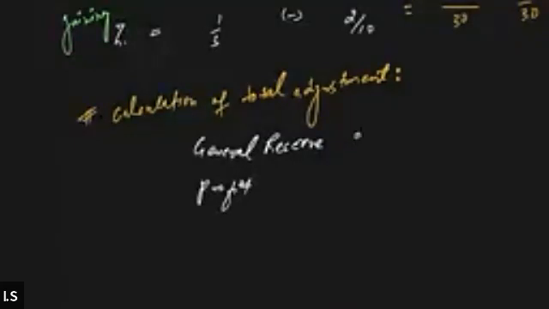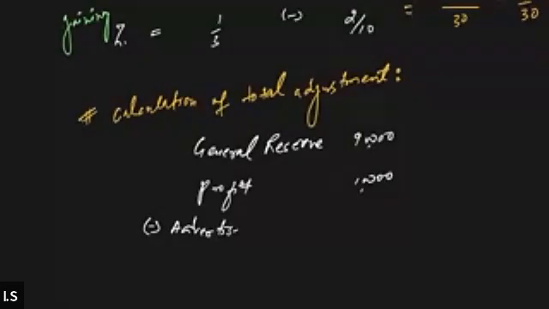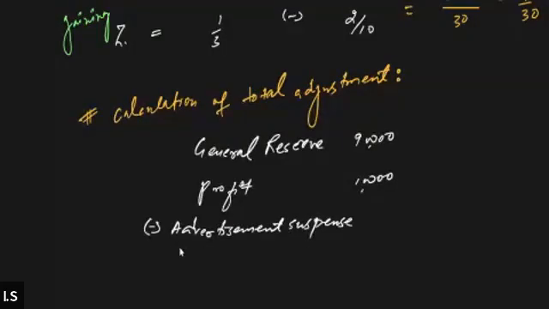So 90,000 plus 10,000. We are adding it because both are part of the profit, and the advertisement suspense account is a loss, so we need to subtract it. Advertisement suspense account is a loss, so 20,000 we will be subtracting.